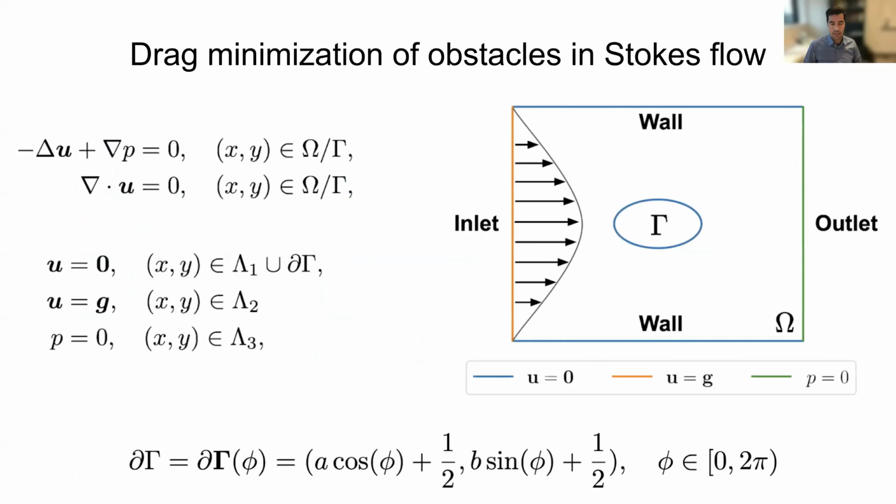Let me just give you a highlight application, which involves the optimization of a circular object subject to Stokes flow. This is a two-dimensional fluid flow problem where you have flow coming from the left of this domain. There's an obstacle here, and then the flow exits on the right-hand side, and there are two wall boundaries on the top and the bottom.